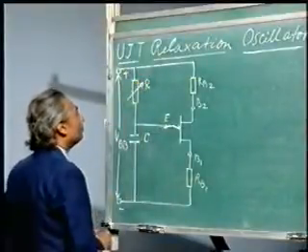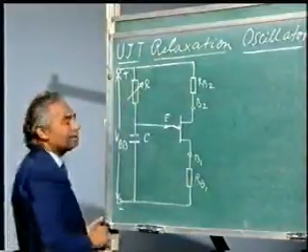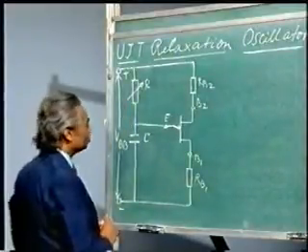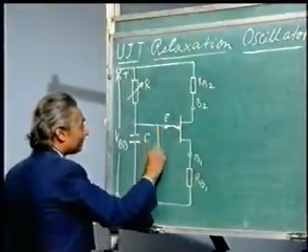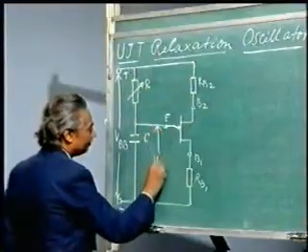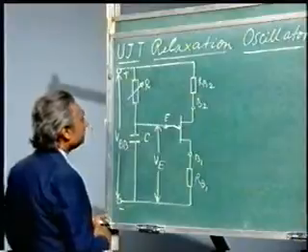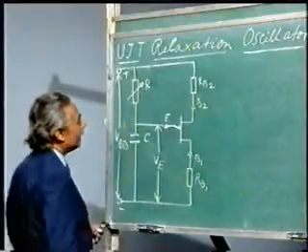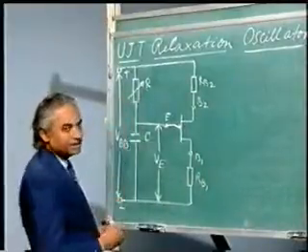If I have more value of resistor, it will charge slowly; if I have lesser value, it will charge quickly. Here a voltage, say VE, will be developed, and that will depend on the value of R. I could have a variable capacitor also, but it is easy to have a variable resistor.